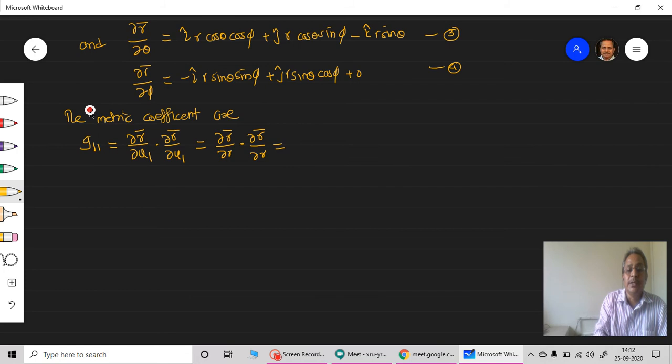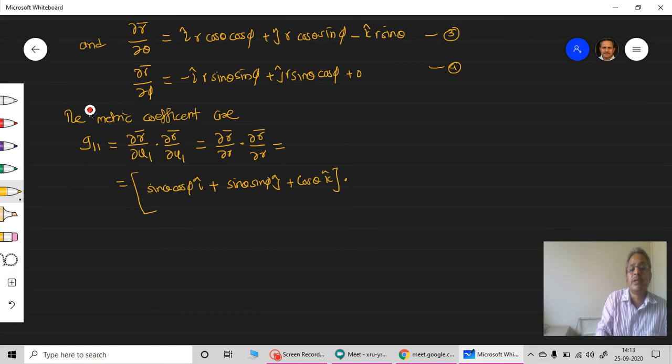So I'm writing it here. That is equal to, first, take this: it is sin theta cos phi times i cap plus sin theta sin phi into j cap plus cos theta into k cap.